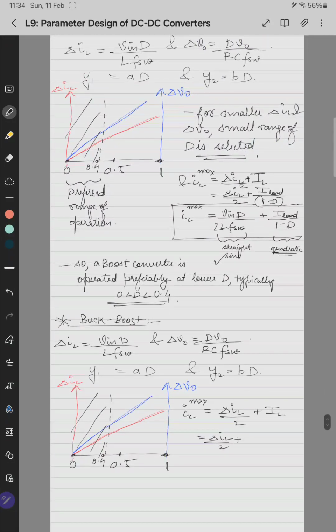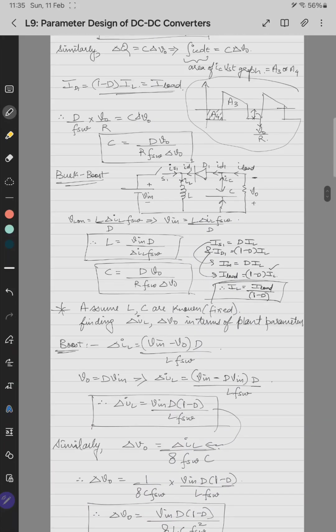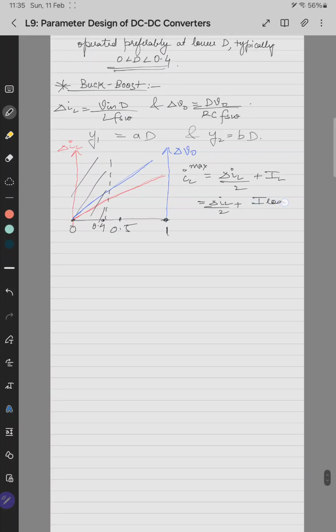Capital IL is I load by 1 minus D. So therefore IL max will be V in D by 2 LF switching plus I load by 1 minus D.